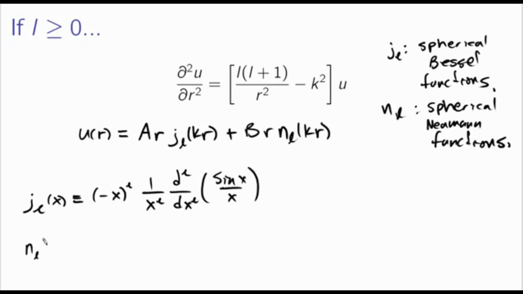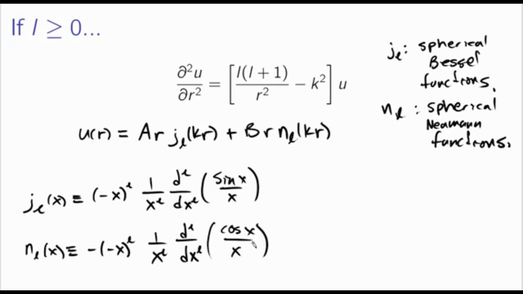Likewise, the spherical Neumann function can be defined similarly, (minus x)^L times (1 over x times d/dx)^L of the function cosine x over x. So the connection to sine and cosine is still reasonably clear.